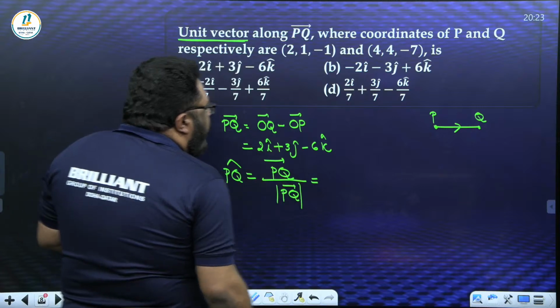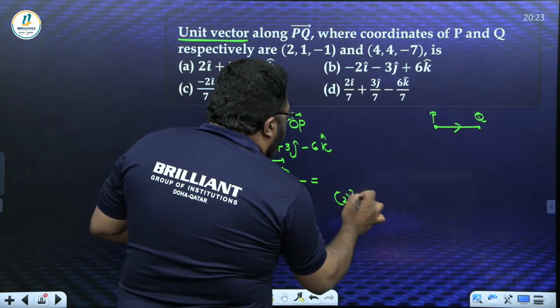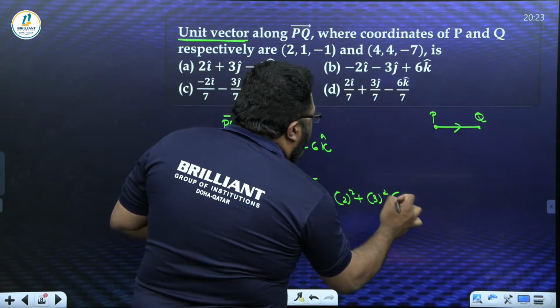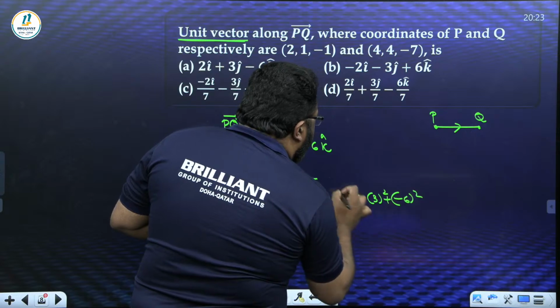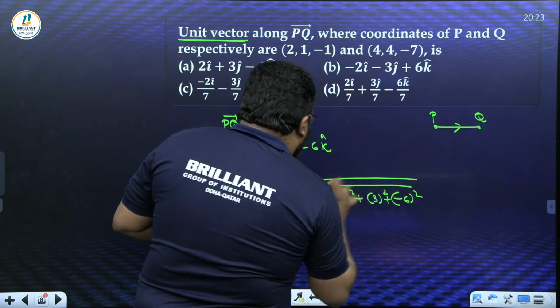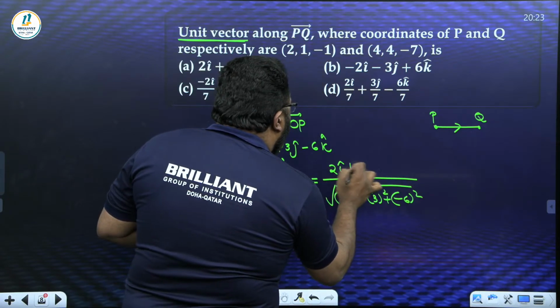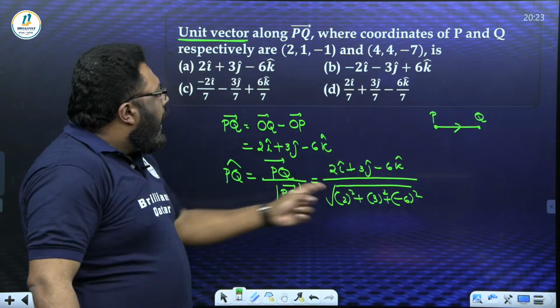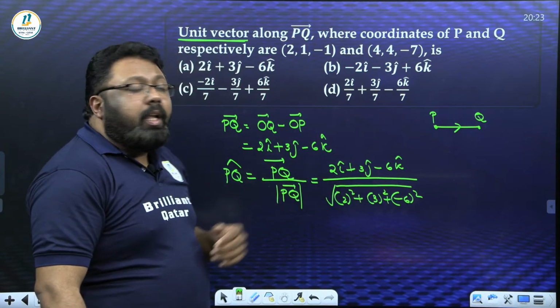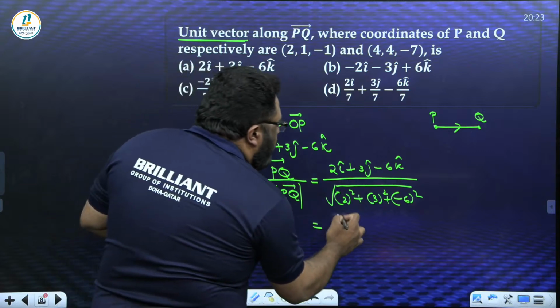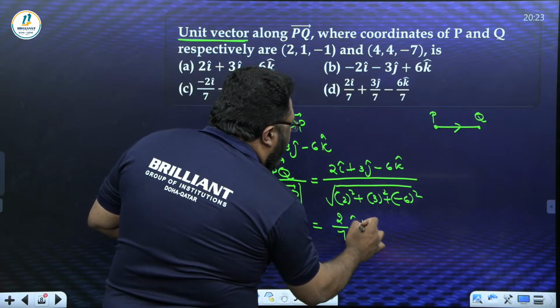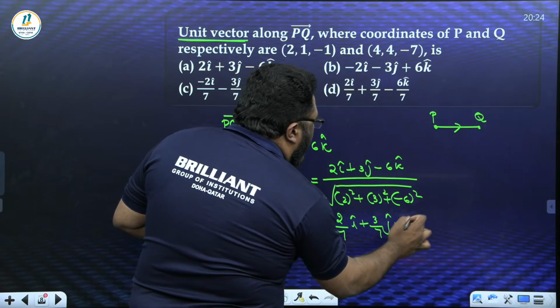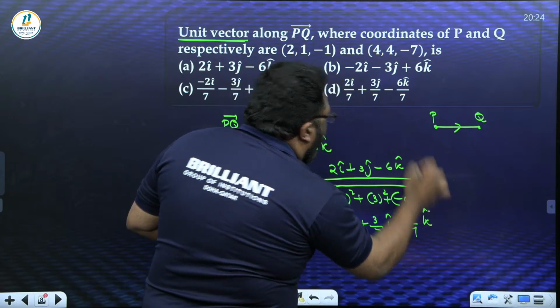So get the unit vector for this. The magnitude is going to be the root of 2 squared plus 3 squared plus negative 6 squared. Numerator 2i, 3j, minus 6k. 4 plus 9 plus 36 is definitely root 49, answer 7. So 2 by 7 i, 3 by 7 j, minus 6 by 7 k.